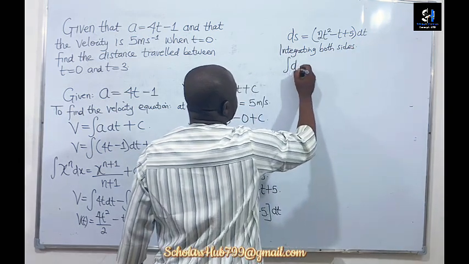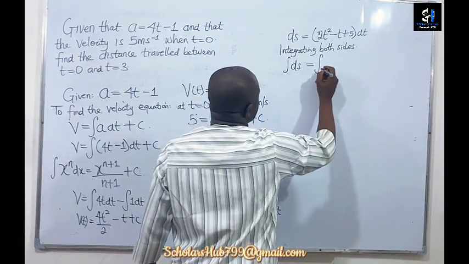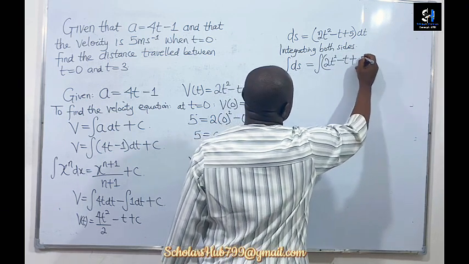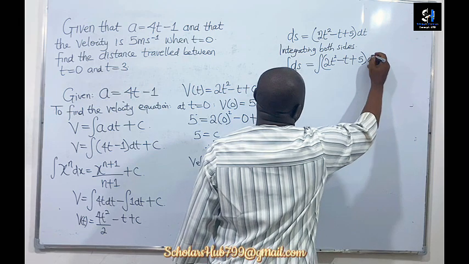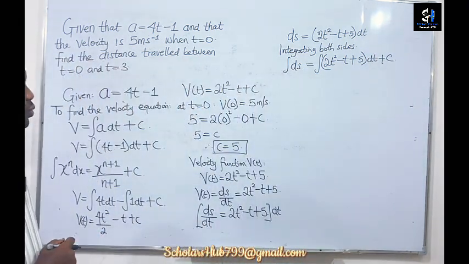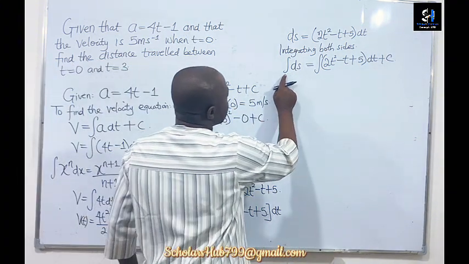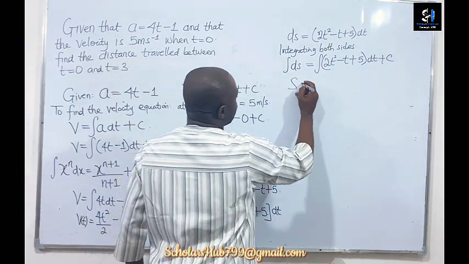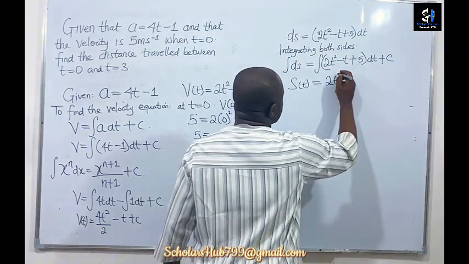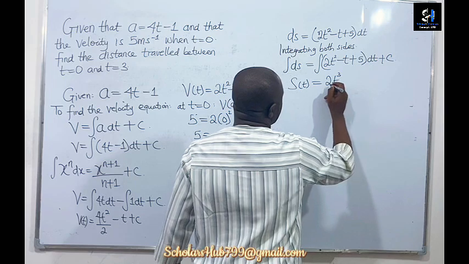So we have the integral of ds equals the integral of (2t squared minus t plus 5) with respect to t, plus the constant of integration. The integral of 1 ds will be s. So this is our distance function, equals 2t raised to the power of 3 over 3.